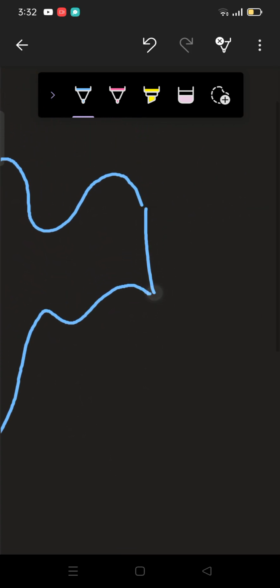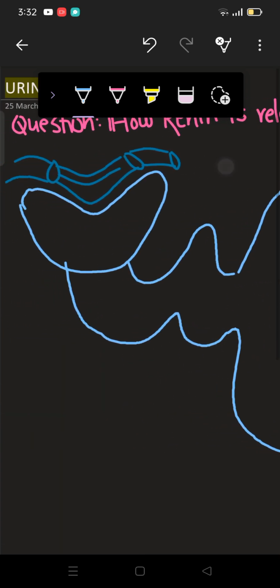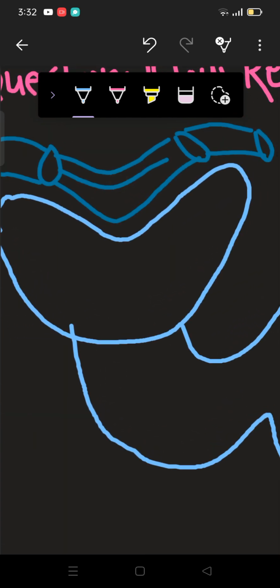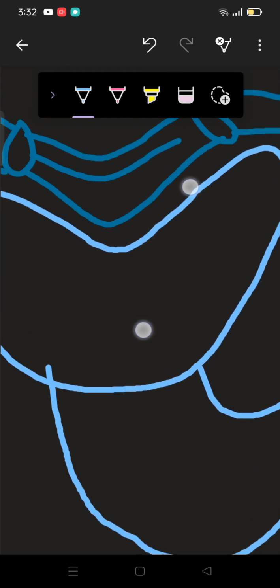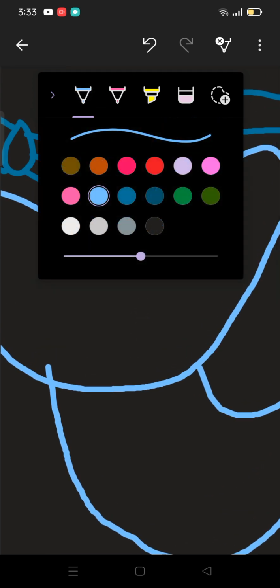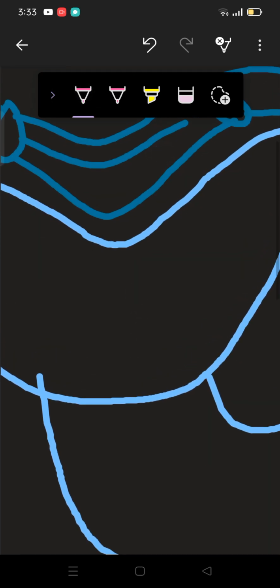Alright, this is the DCT. Here in the Bowman's capsule we have cells which are squamous epithelial, and here we have a modified version of squamous epithelial, known as podocytes.